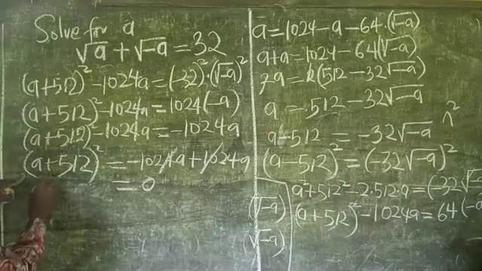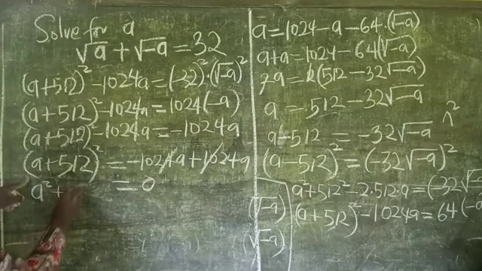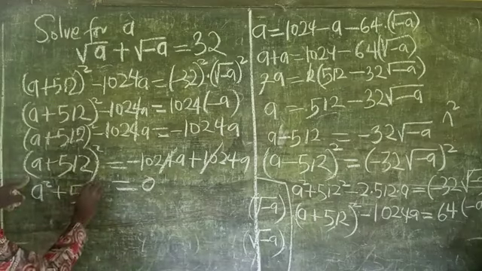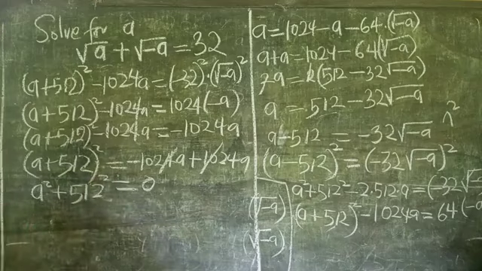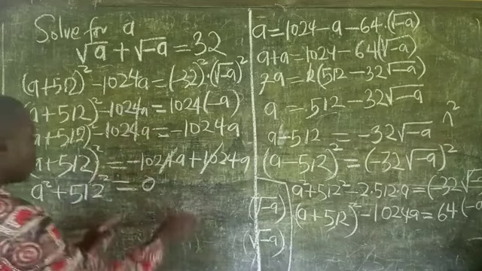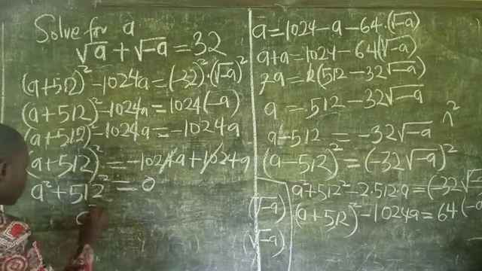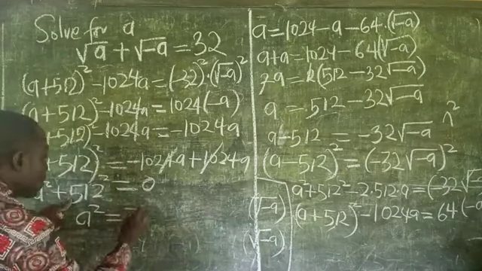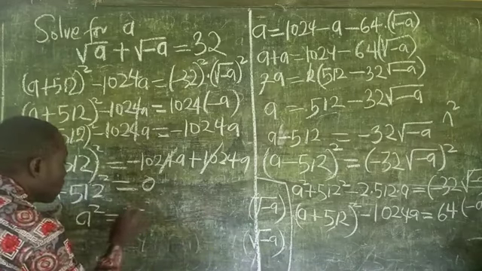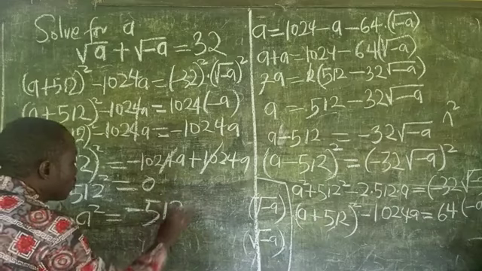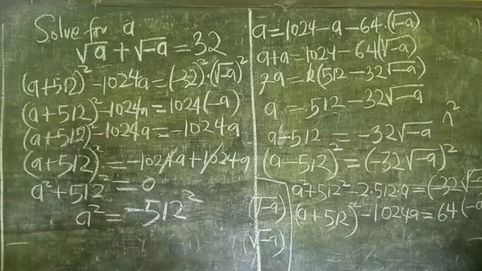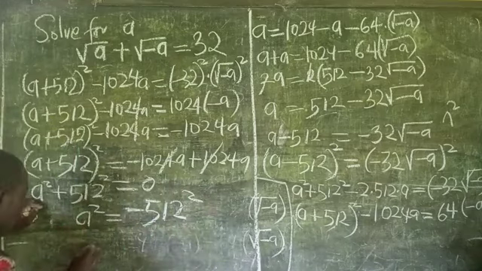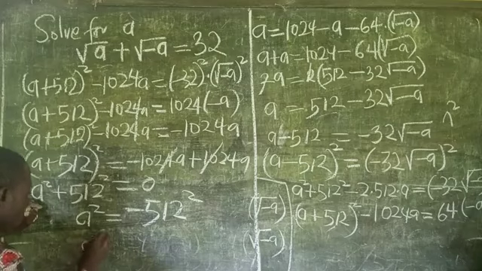Then we have a squared plus 512 squared, so we take 512 squared to the right hand side. A squared becomes minus 512 squared.